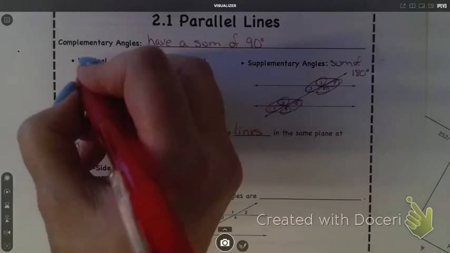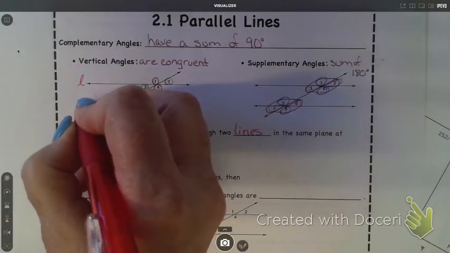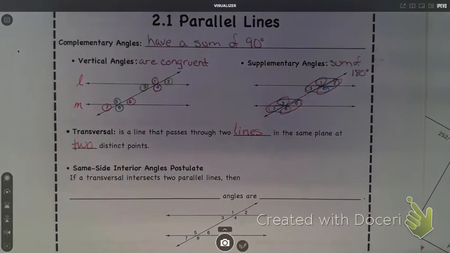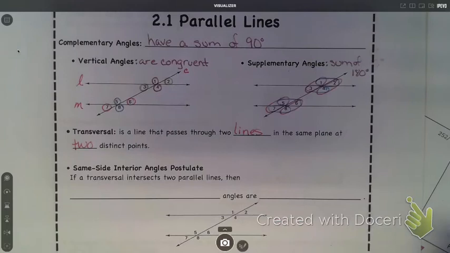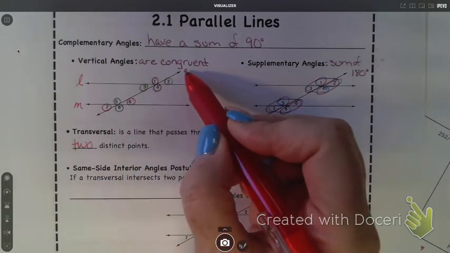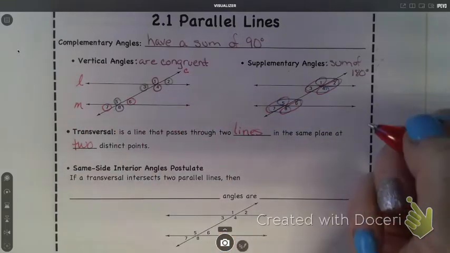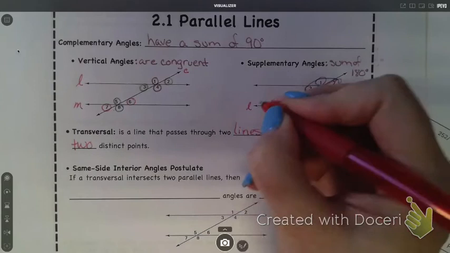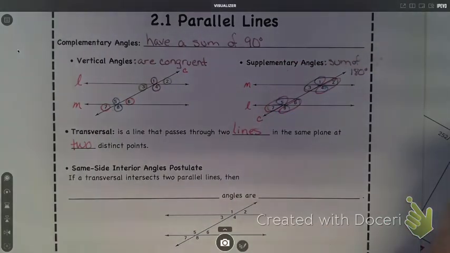So if I name this line L and this one M, which one is the transversal? We'll name it C. So C is my transversal. It crosses 2 lines. So if I have L as a line, M as a line, then C is my transversal.